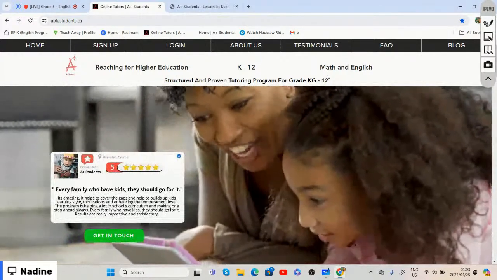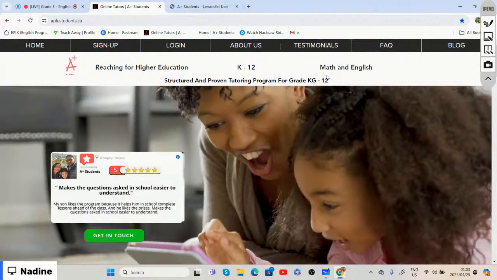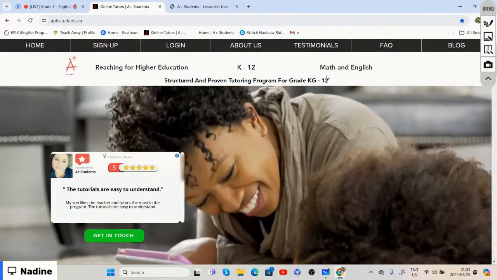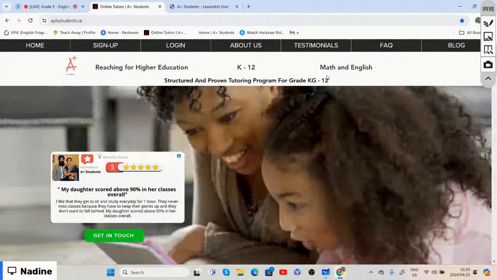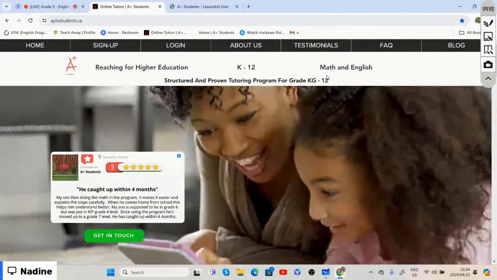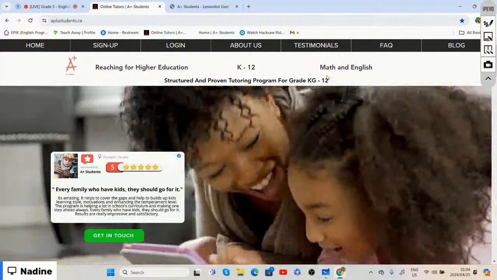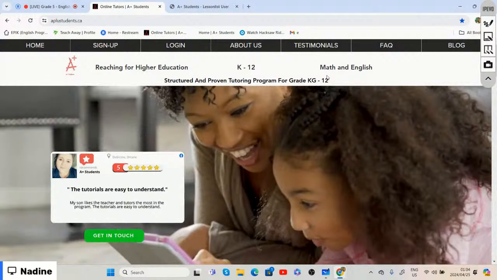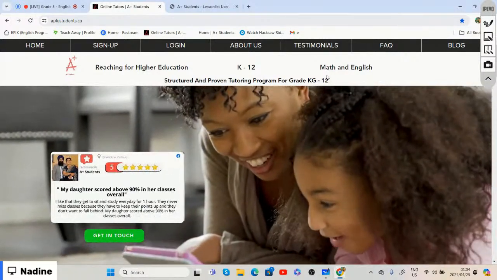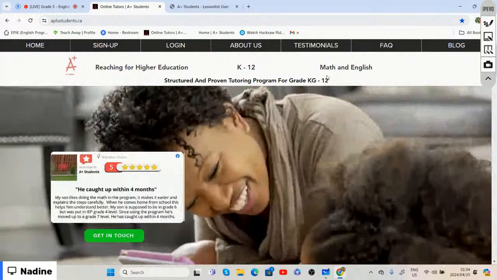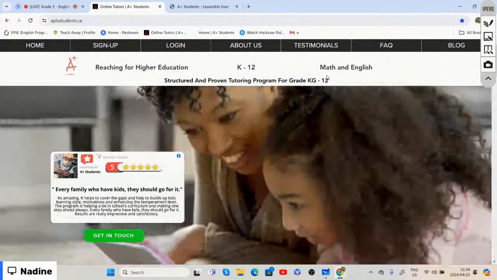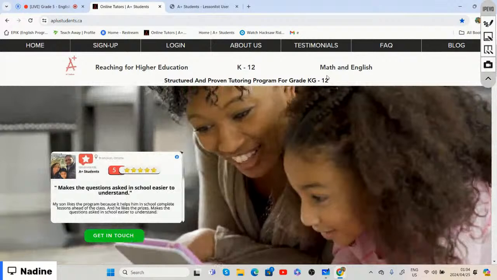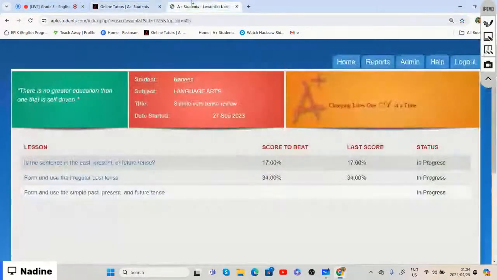Once we've logged on with our username as well as our password, we're going to select the subject of language arts, grade 5, and then scroll down until we get to our chapter of simple verb tenses and simple verb tense review.